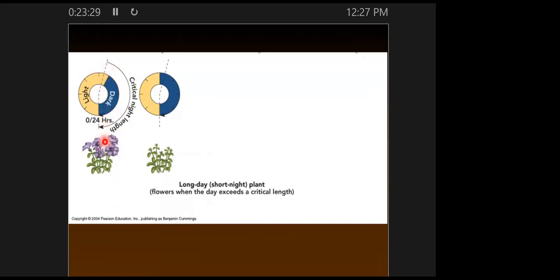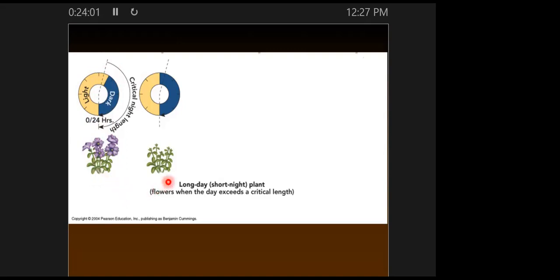And this plant is considered a long day plant, which means it won't flower unless its light period is longer than the critical period. So that's what they're trying to show with this tan. That means sunlight is hitting the plant past the critical time period. That's the definition of a long day plant, and yep, it goes ahead and flowers under those conditions.